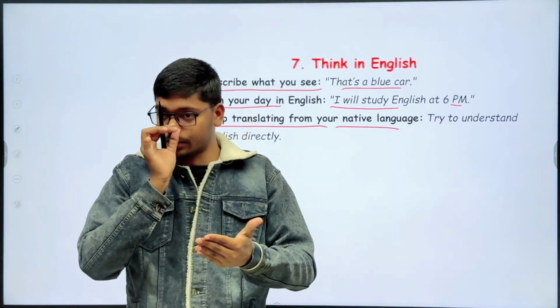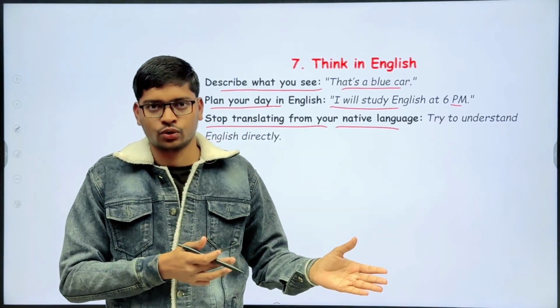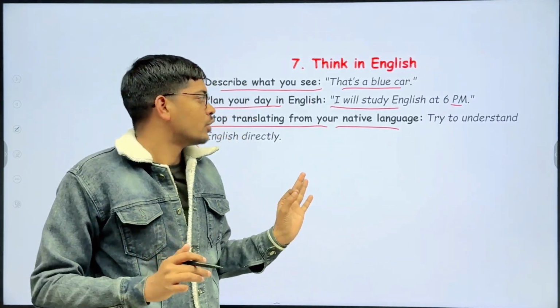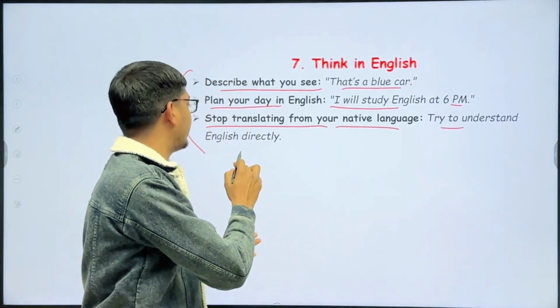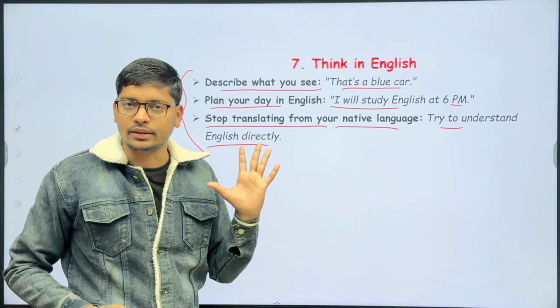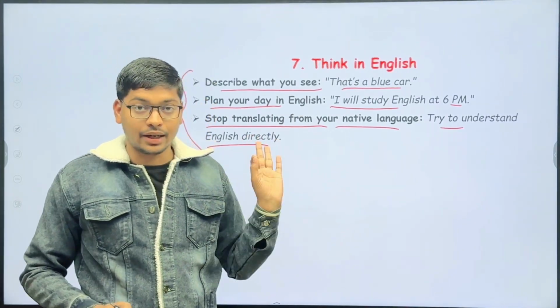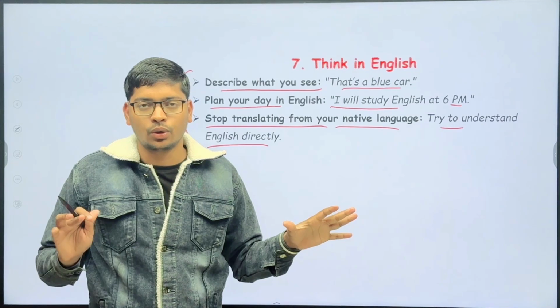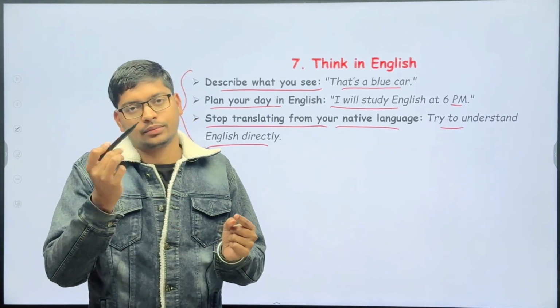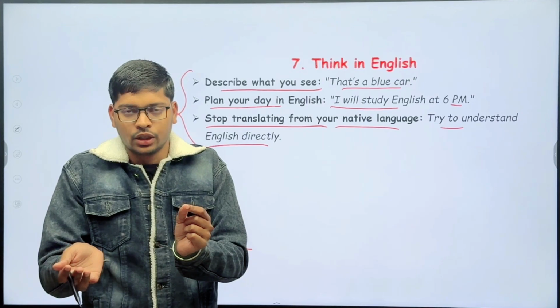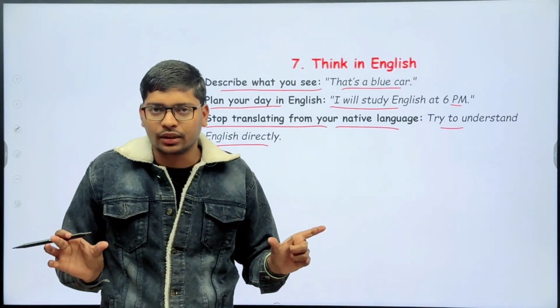This is a very difficult process, so you have to stop this process. Try to understand English directly, not translating from your native language to English. This is a very simple thing.